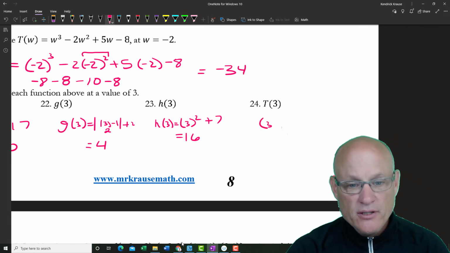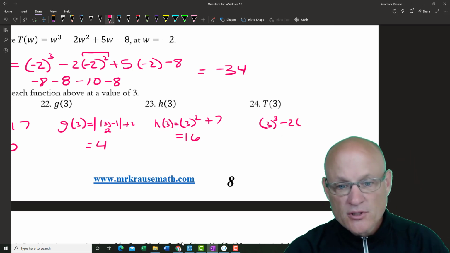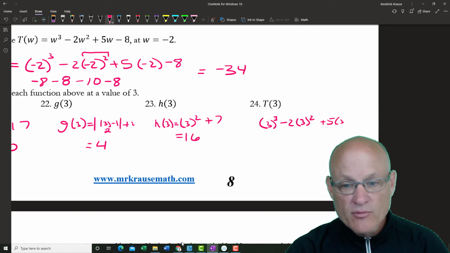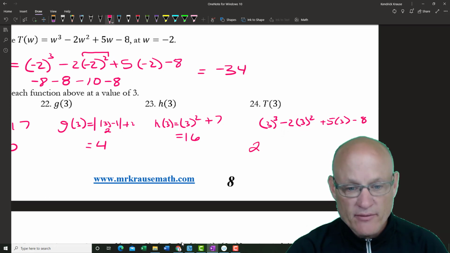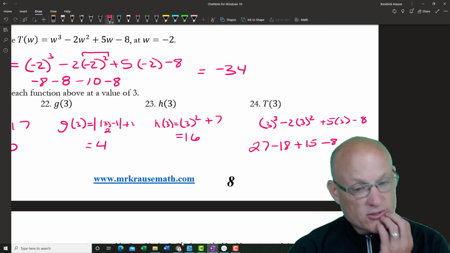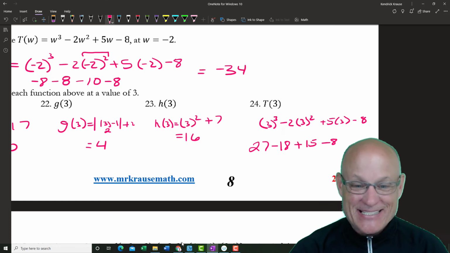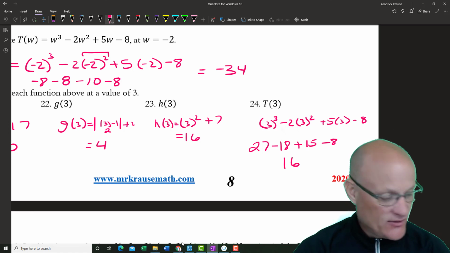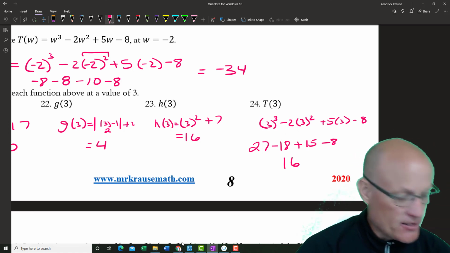So it's 3 cubed minus 2 times 3 squared plus 5 times 3 minus 8. So 3 cubed is 27. This is 9. 9 times negative 2 is minus 18. This is 15 minus 8. So 27 minus 18 is 9. 9 plus 15 is 24. 24 minus 8 is 16. Did I get that right? I did. Yay.